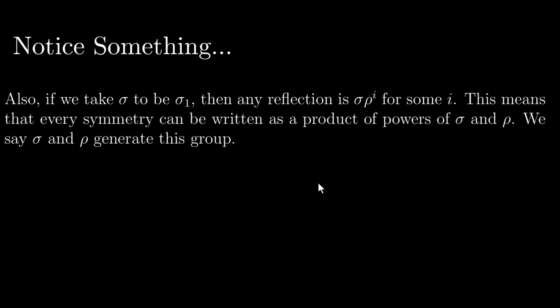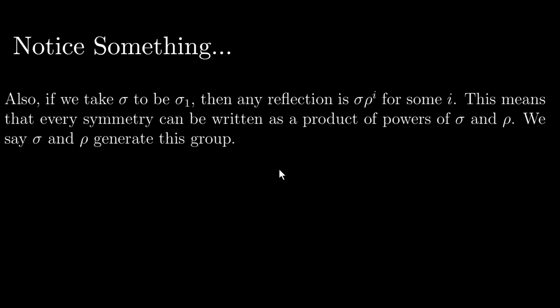Similarly, doing any reflection is just doing the reflection about 1 followed by some rotations. So we can write any element of this pentagon group by doing some unit rotation or reflection about 1. And this means that sigma and rho, these two symmetries, actually generate all of the other symmetries.